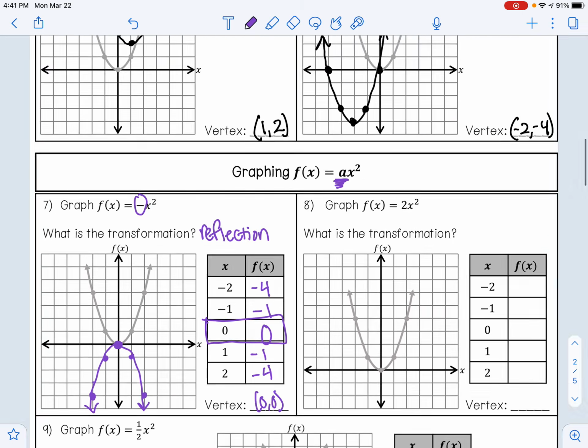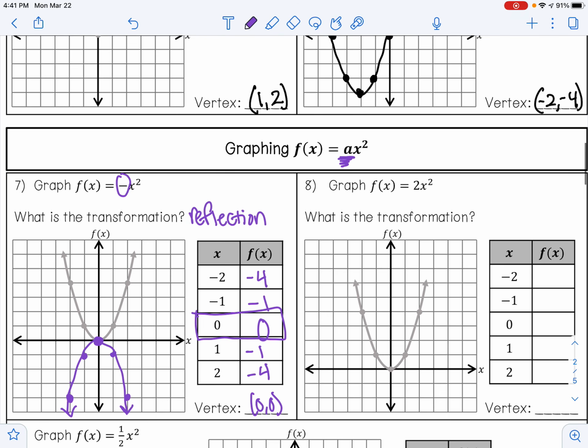On number 8, our a value is 2. So let's see how that changes the function. So again, I'm just going to use my brain and plug in these different values for x. You could also pause the video and use a calculator. Here I'm going to get 8, 2, 0, 2, and 8.